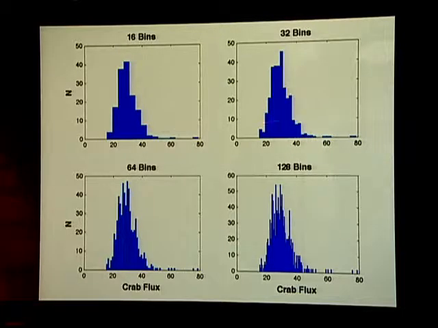And here, it's the same data with ordinary histograms calculated with different bin sizes. I've indicated the number of bins, 16, 32, 64, and 128, showing that, of course, what you see depends a lot on your choice of the sizes of the bins.